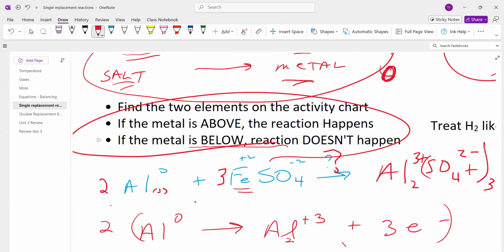Now, sometimes textbooks will leave off a little superscript 0. If there's nothing up there, that means it's 0. That means it's a metal. I strive to always put it in to differentiate it from an ion.